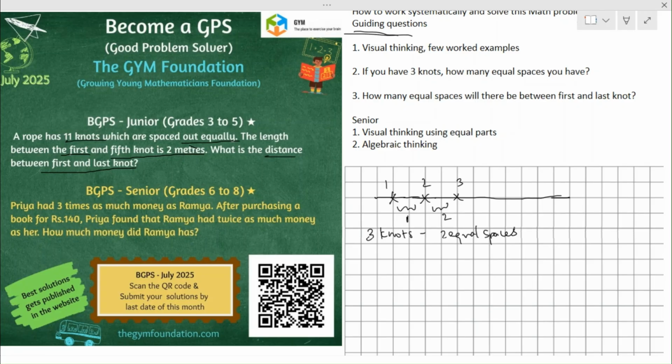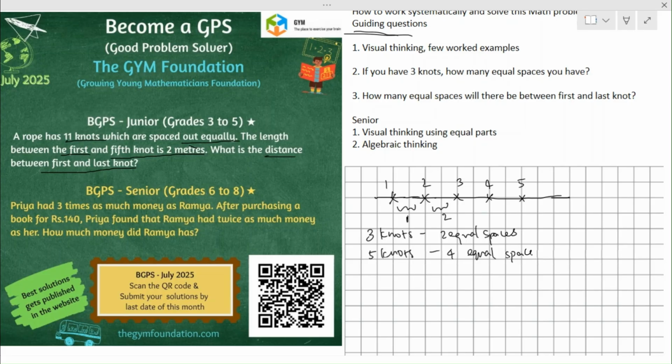And then you can ask similarly, how many equal spaces can be between the first and the fifth knot? Like for example, 5 knots. So here you can again maybe just draw 4 and 5. So for 5 knots, you have four equal spaces, right?